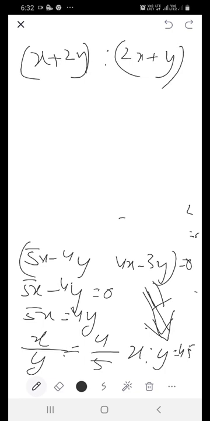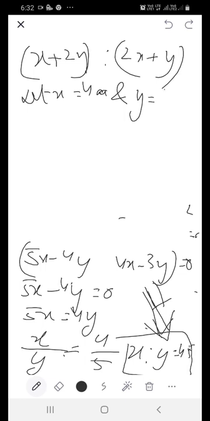We have calculated that x is to y is 4 is to 5. Let x is equal to 4a and y is equal to 5a. We cannot use x and y again, so use another letter, a.